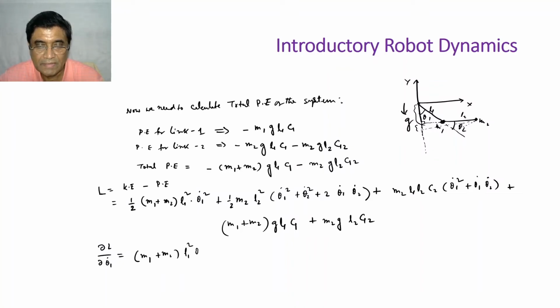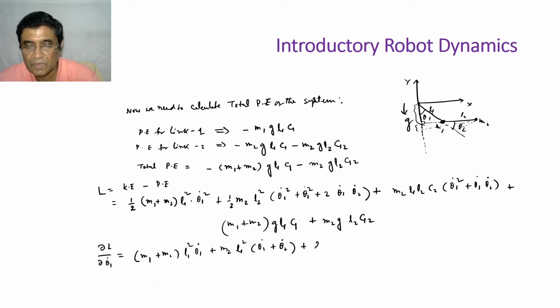It equals m1 plus m2 L1 square theta 1 dot plus m2 L2 square theta 1 dot plus theta 2 dot plus twice m2 L1 L2 cos theta 2 theta 1 dot plus m2 L1 L2 cos theta 2 theta 2 dot.